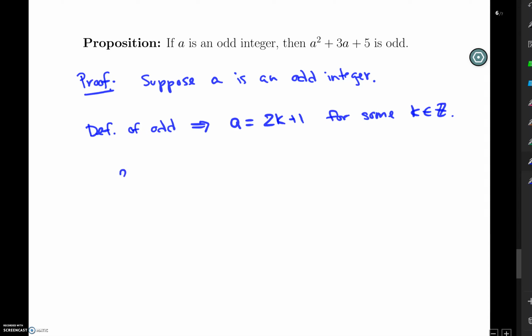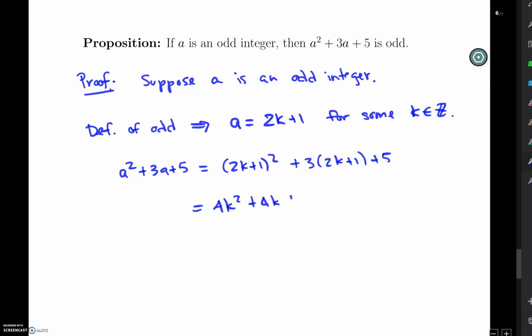Then we're interested in looking at a squared plus 3a plus 5. Well, this becomes 2k plus 1 squared plus 3 times 2k plus 1 plus 5. Expanding everything out, we'll get 4k squared plus 4k plus 1 plus 6k plus 3 plus 5.